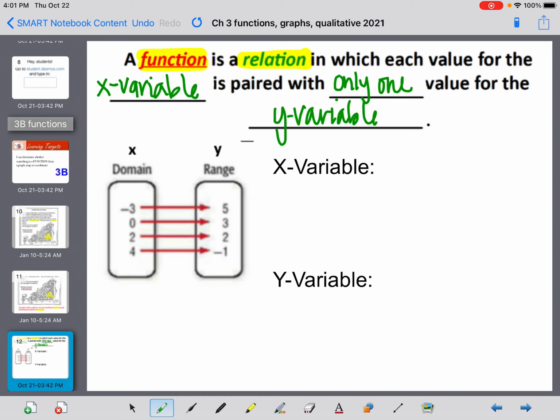So whatever my data is, whatever my little function is doing, when I put an x variable in, it should only give me one y variable out. And it should give me the same y variable every single time.